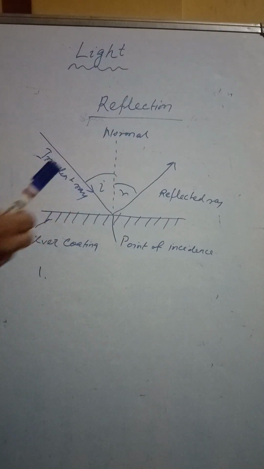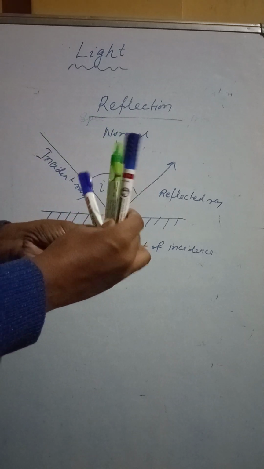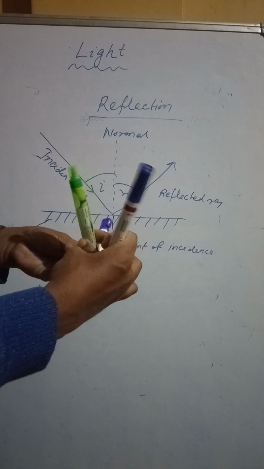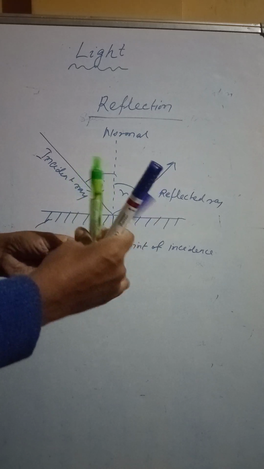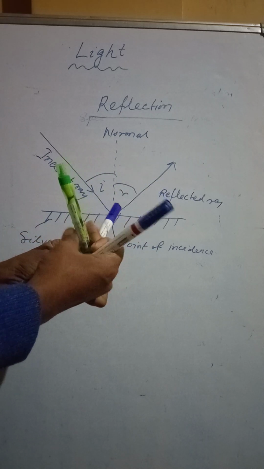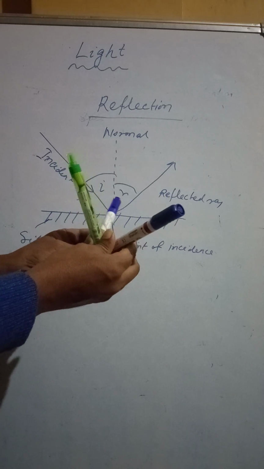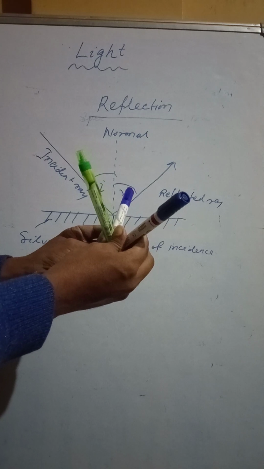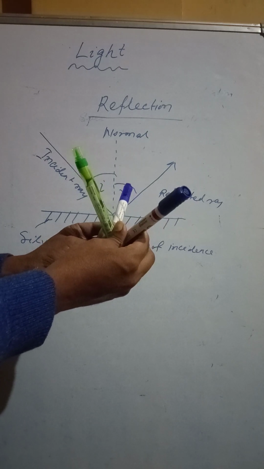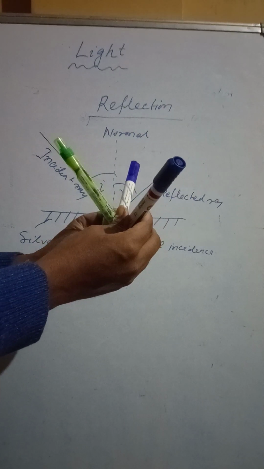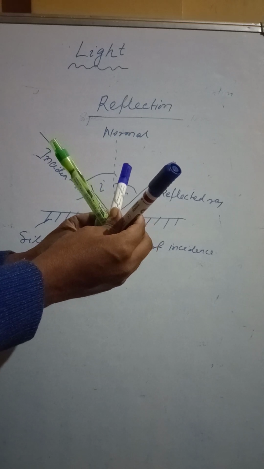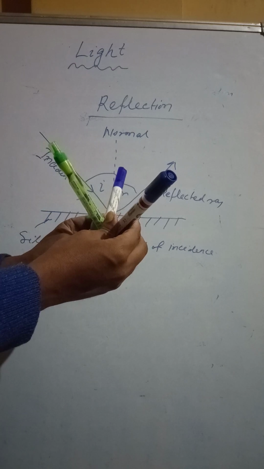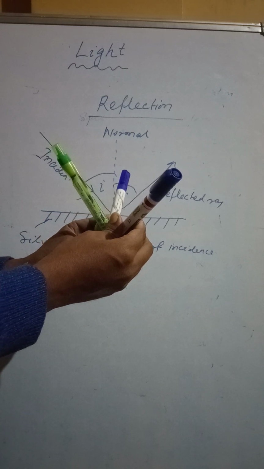But if it is like that, they are not in the same plane. The normal is in another plane, and the incident ray and reflected ray are in another plane.